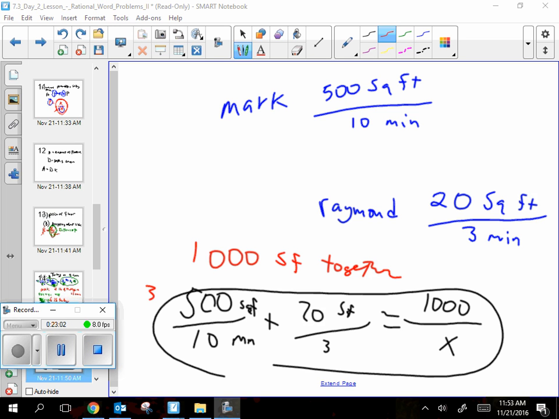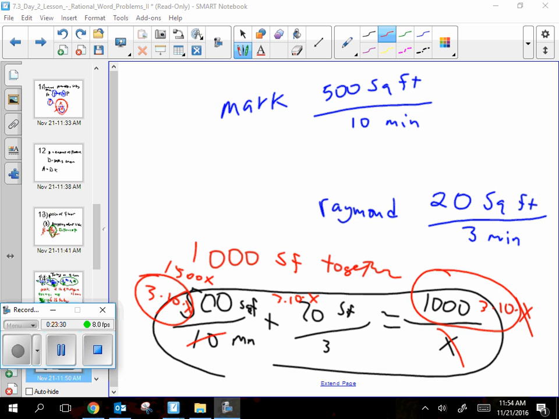3, 10, x. X cancels here, x cancels here. This becomes 30,000. The 10 cancels here and 10 cancels here, becomes 3x times 500, sorry. 3x times 500 is 1,500x.